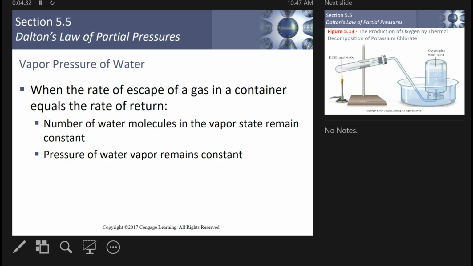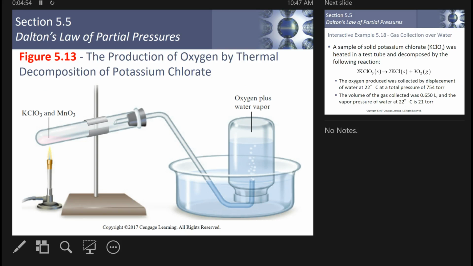Now, certain gases are collected over water. When you're collecting a gas over water, you have to take into consideration the water vapor pressure. So here you have potassium chlorate, and you're going to decompose it.